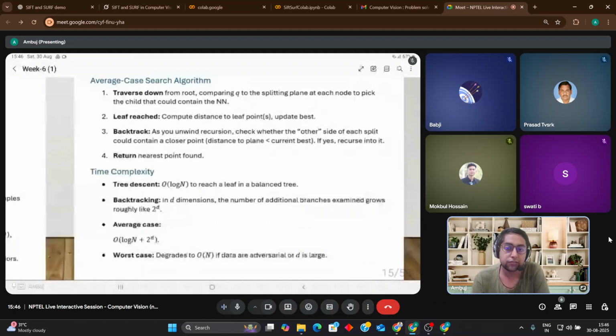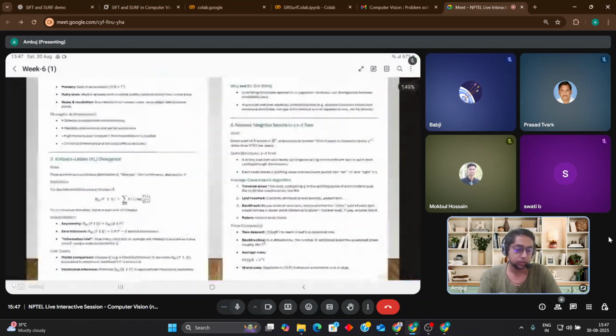So the average case complexity is big O of log n plus 2 raised to power d. And the worst case degrades to big O of n if data are adversarial or d is very, very large.